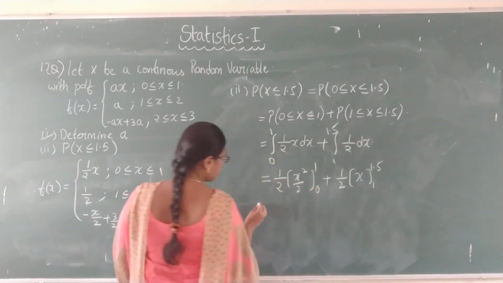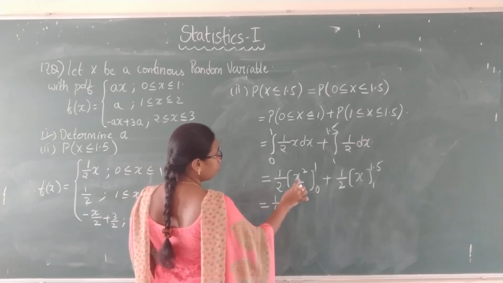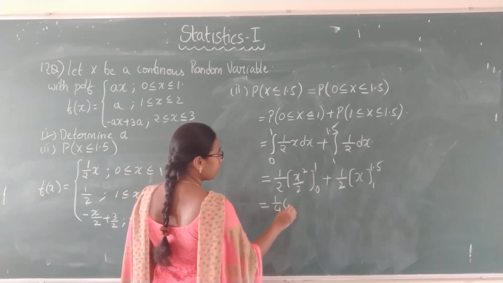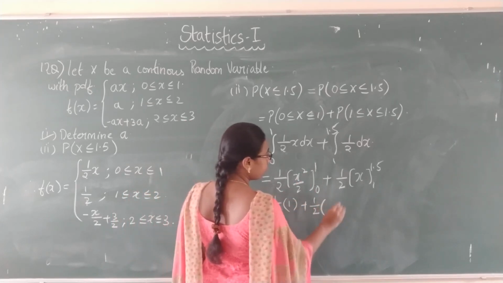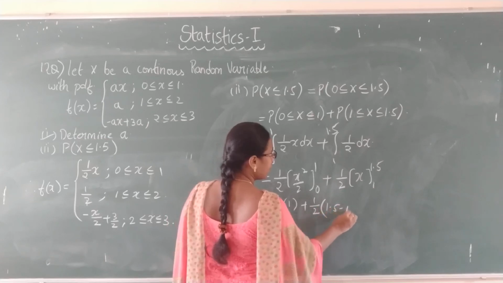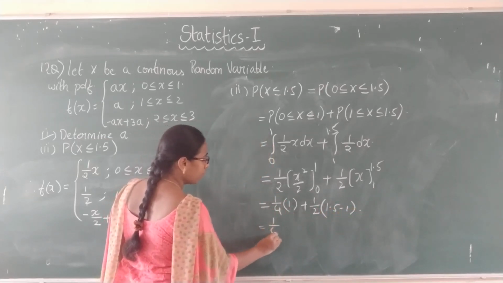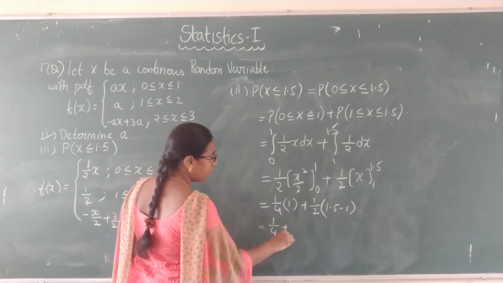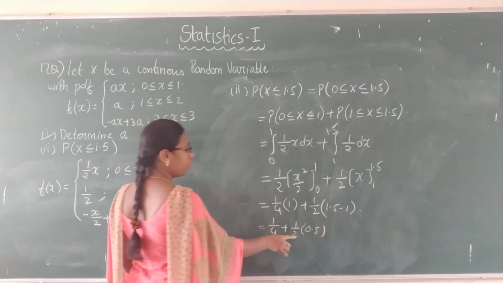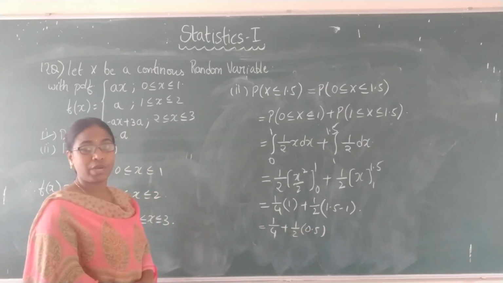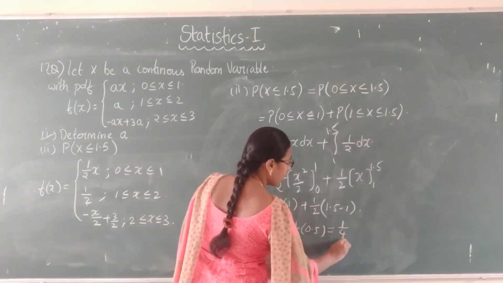So this is equals to 1 by 2 into 1 by 2 is 1 by 4 into 1 square is 1 minus 0 is 1, plus 1 by 2 into 1.5 minus 1. 1.5 minus 1 is 0.5, which is 1 by 2. So 0.5 into 1 by 2, that is 1 by 4. So this is equals to 1 by 4 plus 1 by 4.